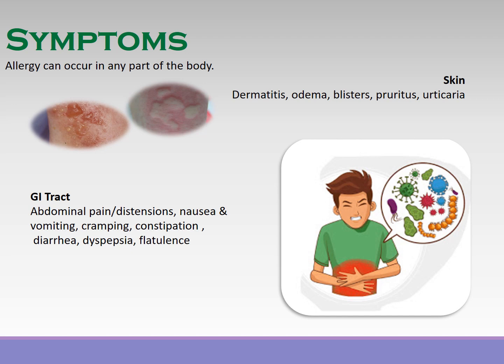The major symptoms are abdominal pain, which is general pain in the stomach, and distension, which is a filling of air or fluid causing a bloating sensation. Then nausea, a sensation of vomiting, and vomiting, cramping, again pain, constipation, which is infrequent bowel movements or difficulty in passing stools, and diarrhea.